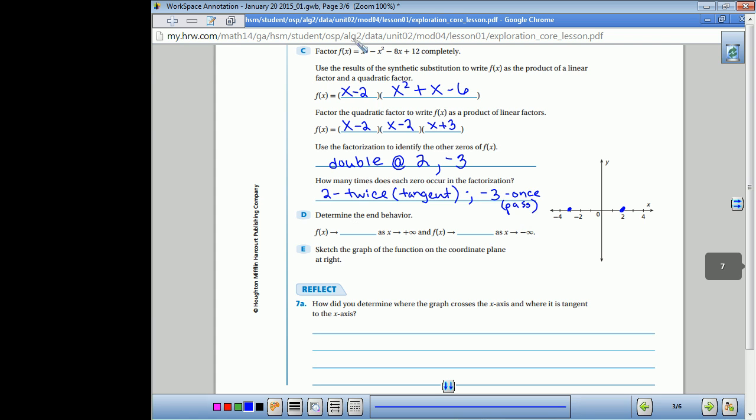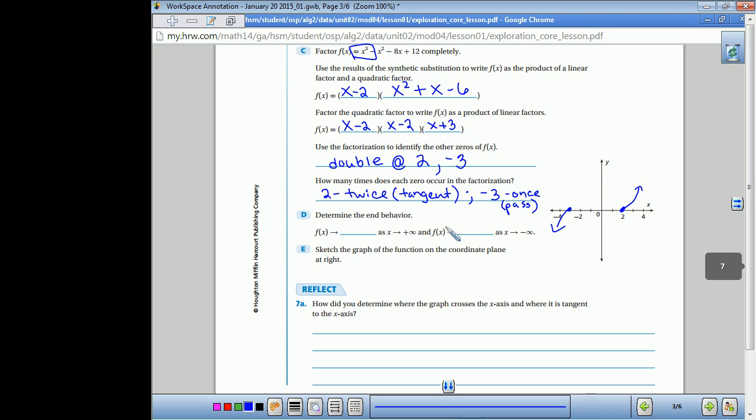All right. Now let's check out degree and leading coefficient. It is a cubic polynomial with a positive leading coefficient. What is the end behavior going to do? It's going to go up to infinity. Is it going to rise or fall from right here? Fall to the left and rise to the right.